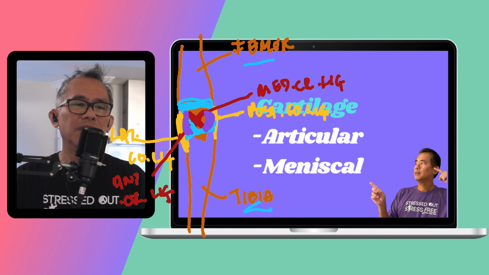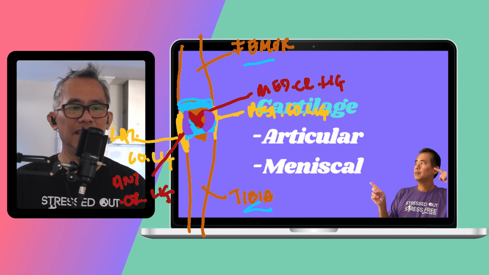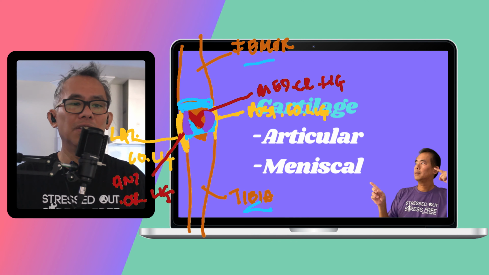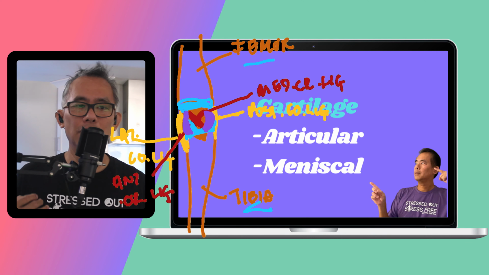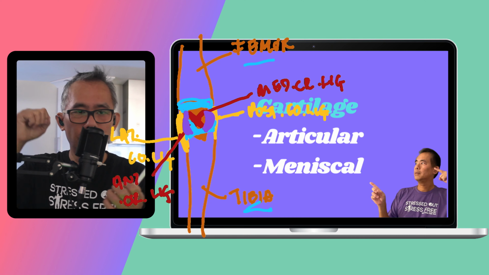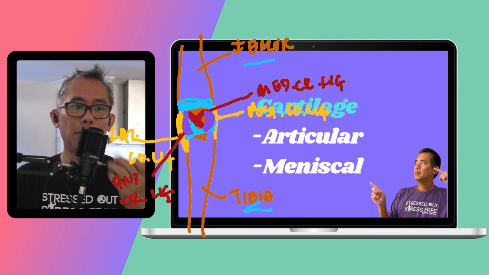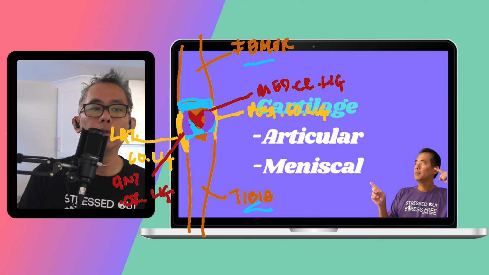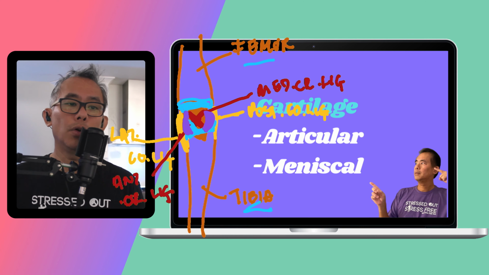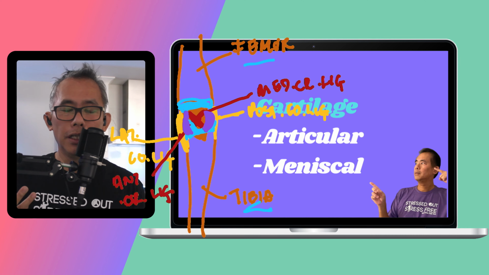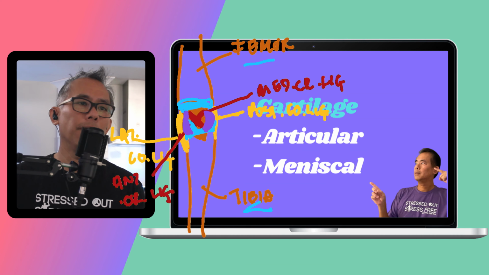The inner side helps the inner side of the knee, and the lateral side helps the outside of the knee, right? Both help cushion and stabilize the joint. They are tough and rubbery, so it's kind of bouncy. When you tear the cartilage in the knee, that is usually where the meniscus is torn.